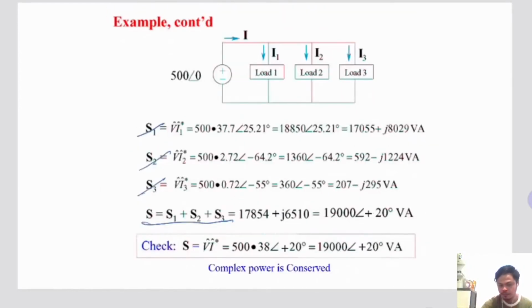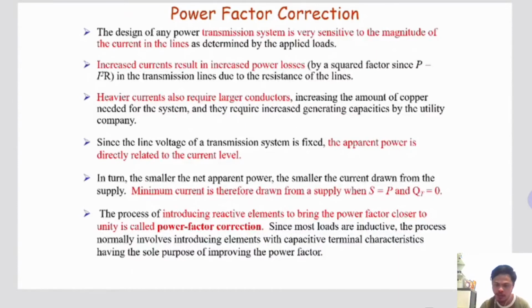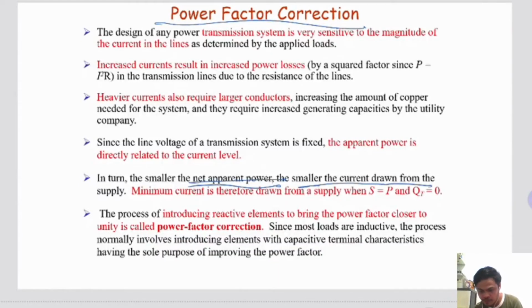Okay, so next we have power factor correction. Power factor correction is very important since the smaller the net current or net apparent power, the smaller the current drawn from the supply. You have the real power plus j times the reactive power.